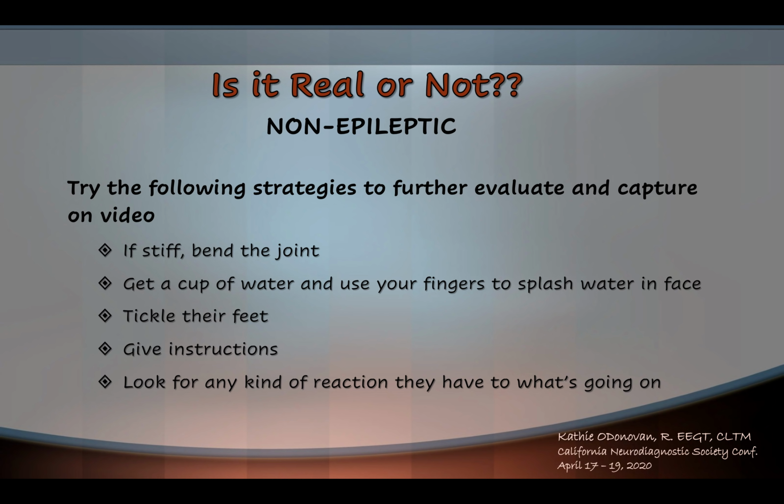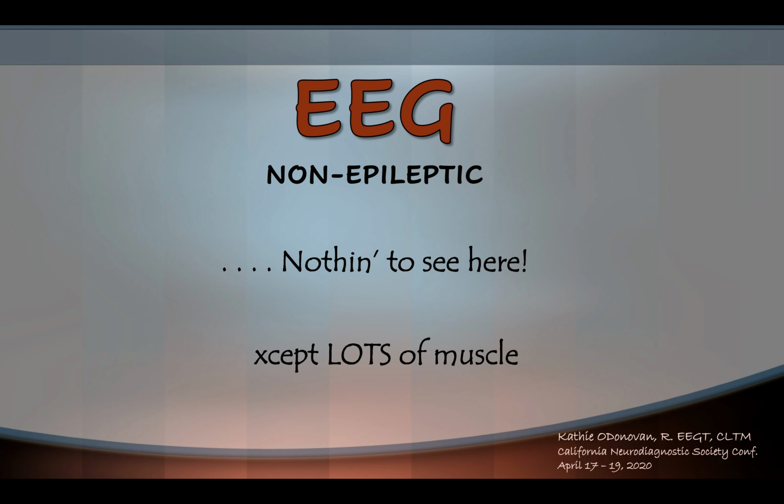That's all going to be helpful in establishing the diagnosis that is needed for the next step. When the EEG is running with a non-epileptic seizure, there's nothing to see here except lots of muscle. You're not going to see anything going on other than that.